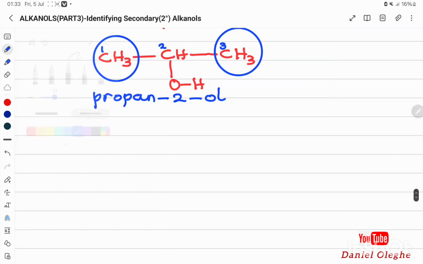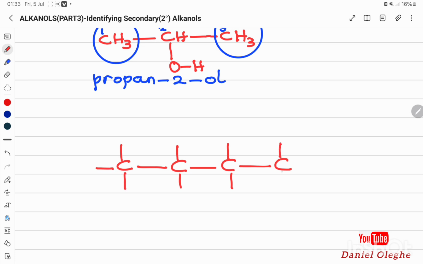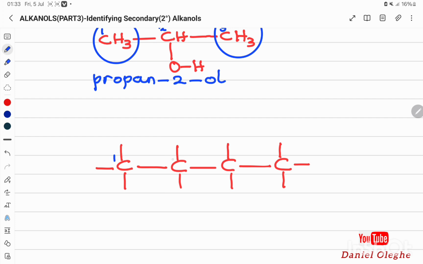Let's look at another example of secondary alkanols. Let's look at this. This contains 4 carbon atoms. Now, the first and the last carbon atoms are terminal. Carbon 1, carbon 2, carbon 3, carbon 4.